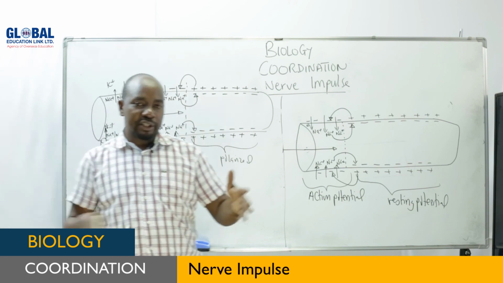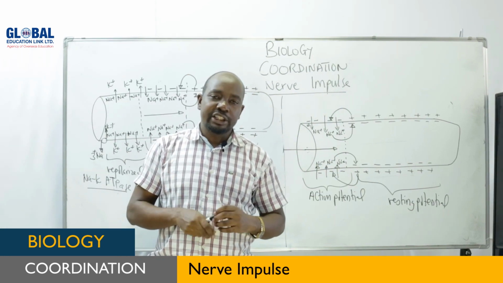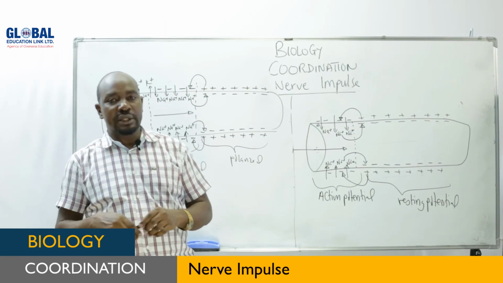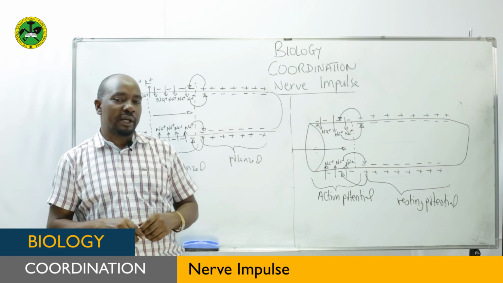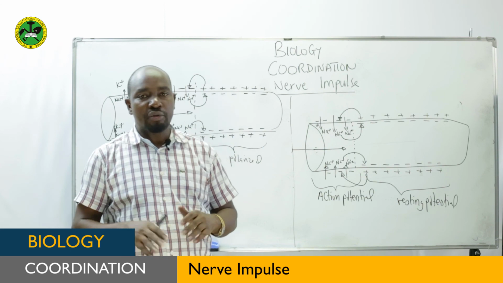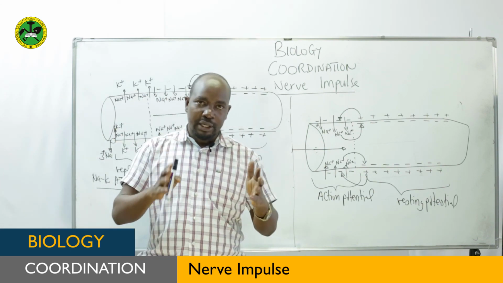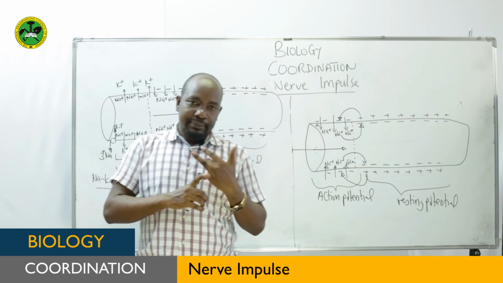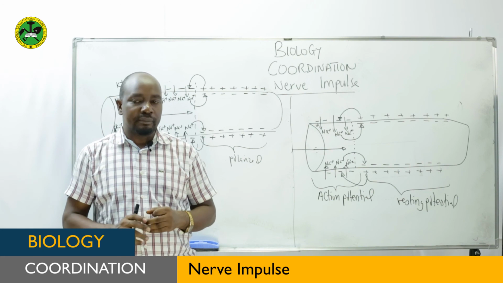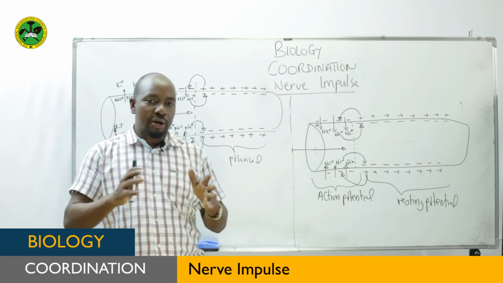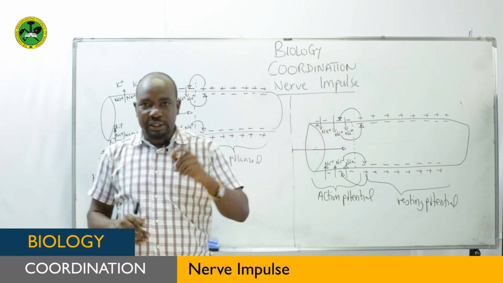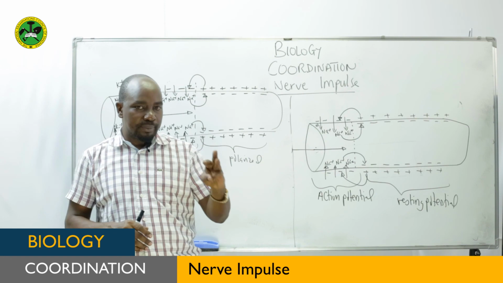Then after the passage of the action potential, this membrane tends to restore its normal charge distribution. That is the transmission. I hope by this moment you are able to differentiate the polarized membrane, repolarized membrane, and the depolarized membrane. You should be able to explain the 3 terms: polarization, repolarization, and depolarization.